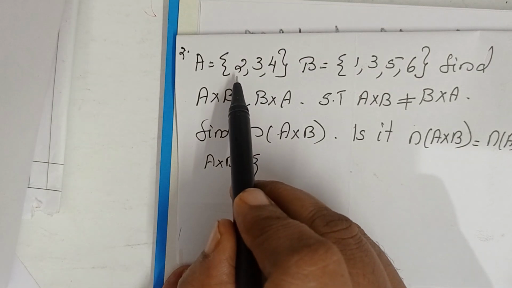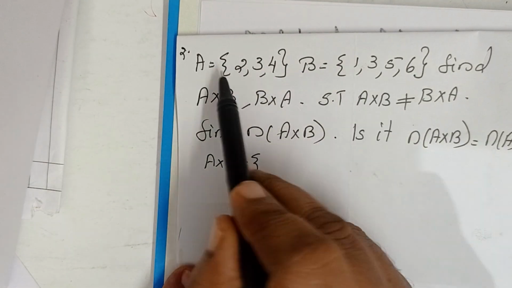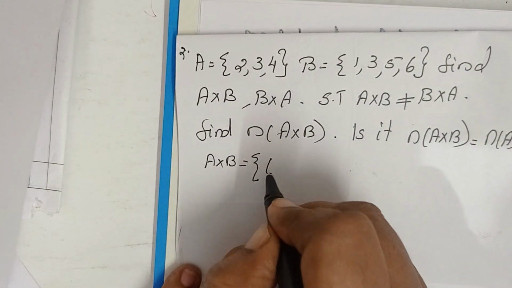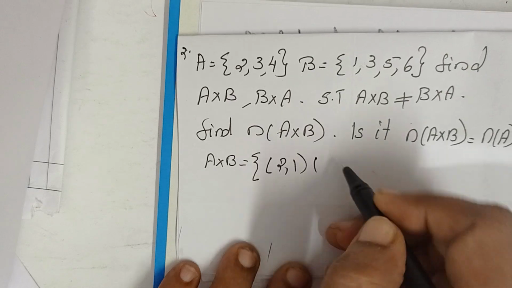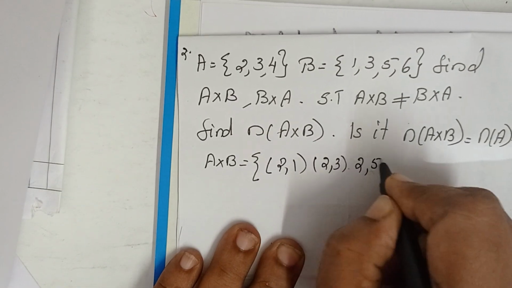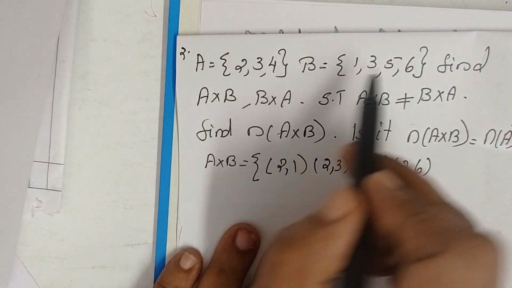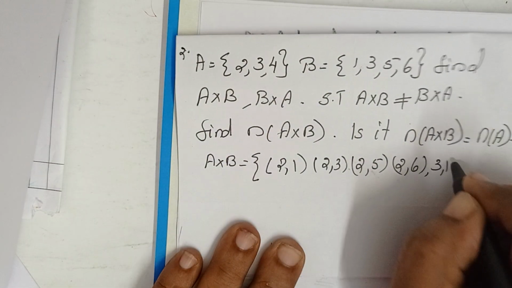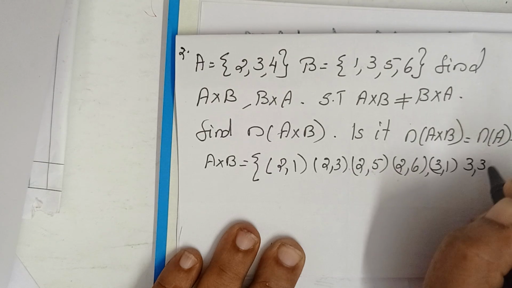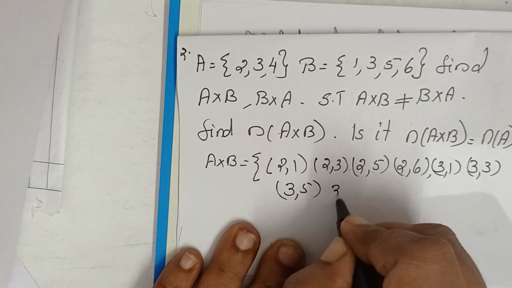When you take 2 as the first component: (2, 1), (2, 3), (2, 5), (2, 6). Then 3, same way: (3, 1), (3, 3), (3, 5), (3, 6).